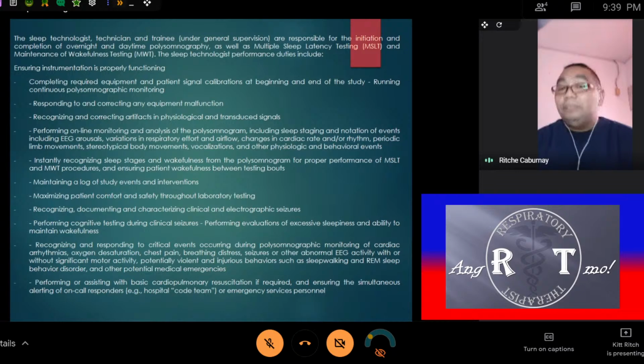You can also observe if the patient is desaturating, if the patient is encountering chest pain or breathing distress, or other abnormal EEG activities with or without significant motor activities. Or if, for example, the patients show potentially violent and injurious behaviors such as sleepwalking and REM sleep behavior disorders, and other potential medical emergencies.